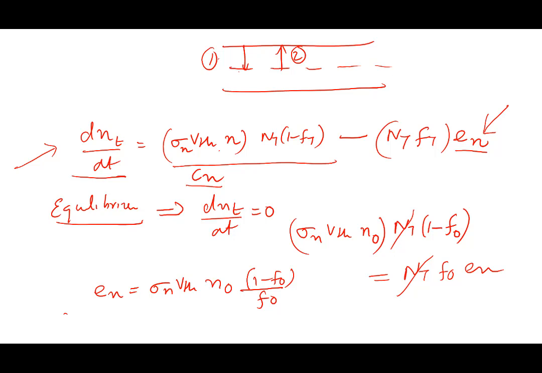So for the net capture rate, we can substitute En, the expression that we just obtained: En is sigma VTHN Ni. We calculated this for an equilibrium situation, but even in non-equilibrium the rate at which the defect emits remains the same.